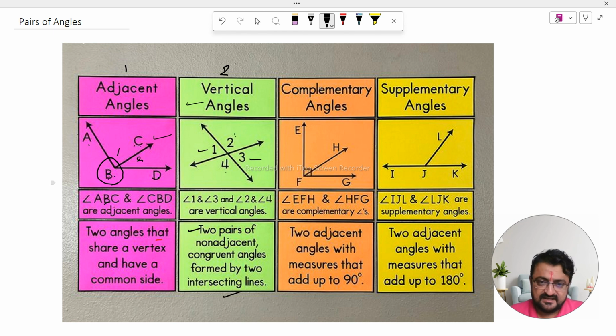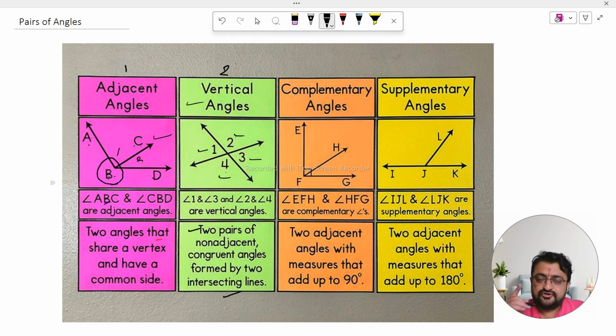In the same way, angle 2 and angle 4 are opposite to each other. If you are given the measurement of angle 2, for example 100 degrees, then you can find the fourth angle. The fourth angle is also 100 degrees. Why?